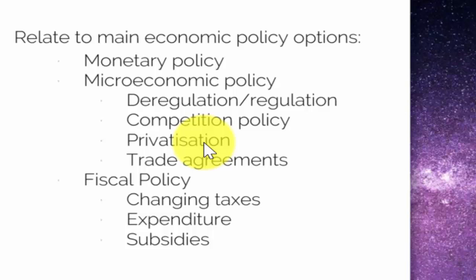Governments have in the past privatised government enterprises to the private sector, and might also impose trade agreements between countries which will make our economy work more effectively. In terms of fiscal policy, we can change taxes, expenditure, and give subsidies. So there's a whole range of things that can be done there.